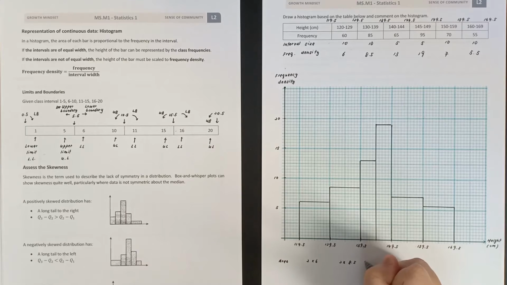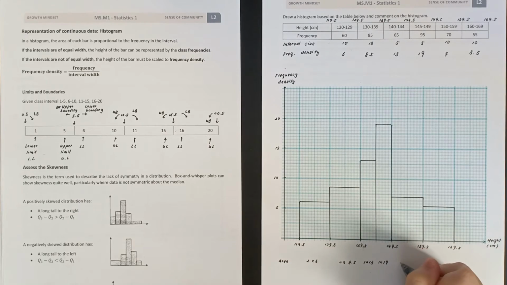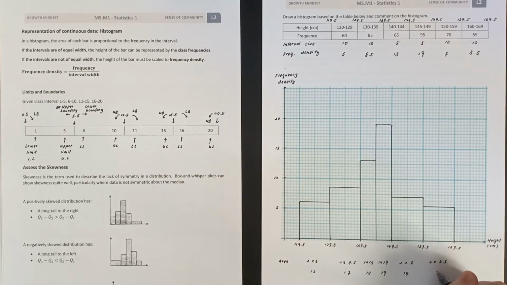Then this is 1, so 1 times 13, 1 times 19, and then 2 times 7, 2 times 5.5. So I get 12, 17, 13, 19, 14, and 11.